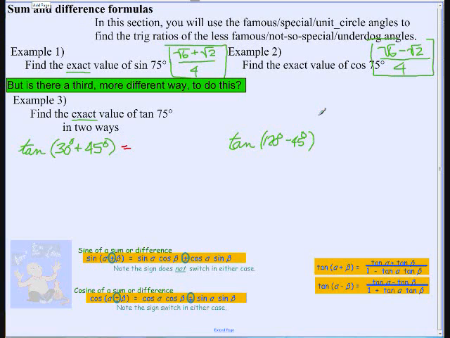Before I go on to the lesson, I want to pick up something I didn't do last time. I did do this 2 ways. Well, I didn't work them out, but there were 2 ways we could find the exact value of the tangent of 75 degrees. One would be with tangent sum, using this one here.